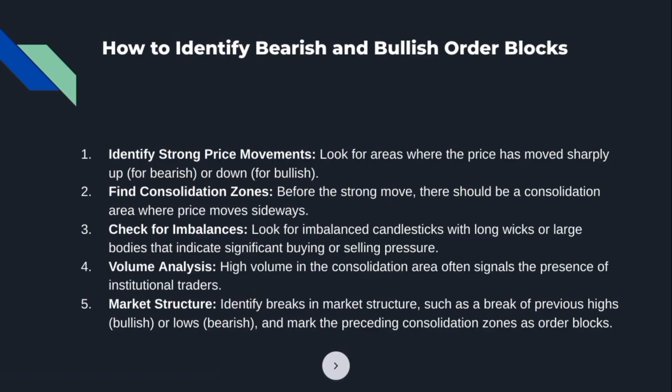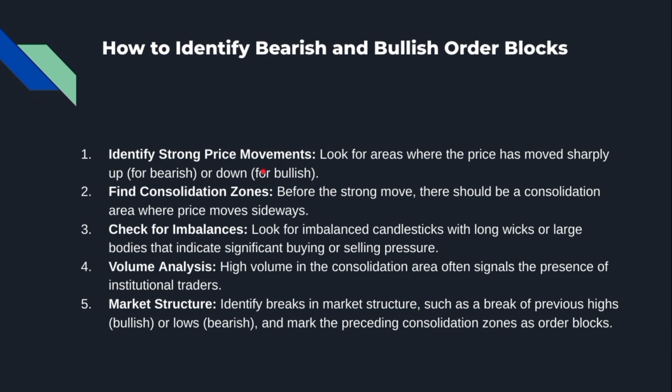So once again, I want you guys to go over and practice this. Number one, go over this entire list of things. First of all, before you identify order blocks, you want to identify a strong price movement, right? Look for areas where price has moved sharply up for bearish or down for bullish.